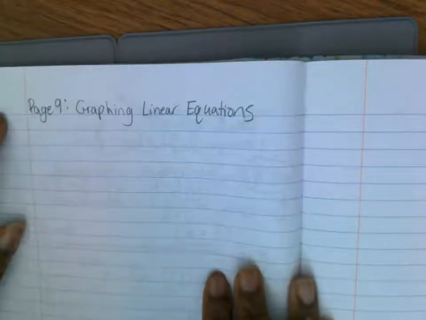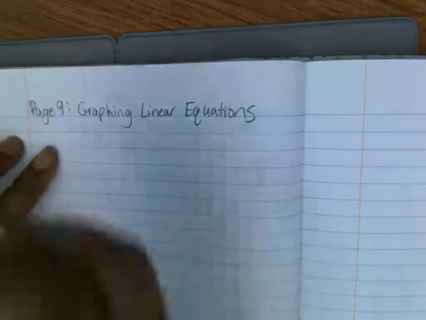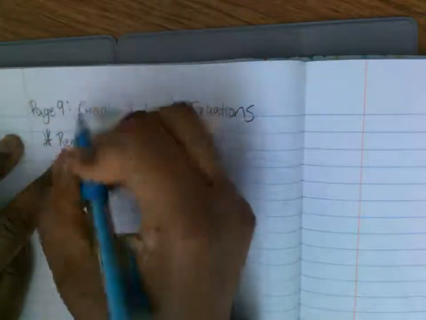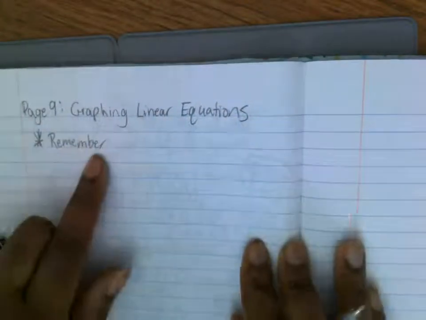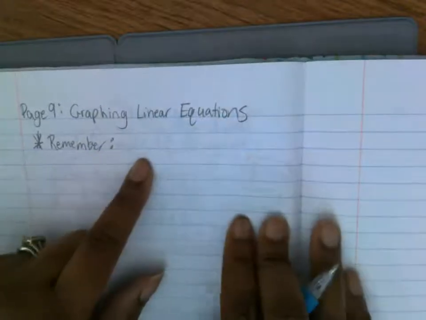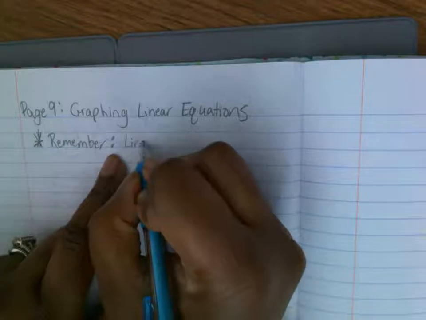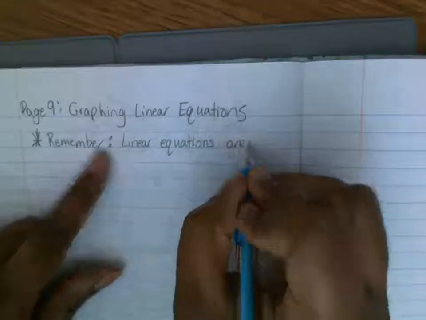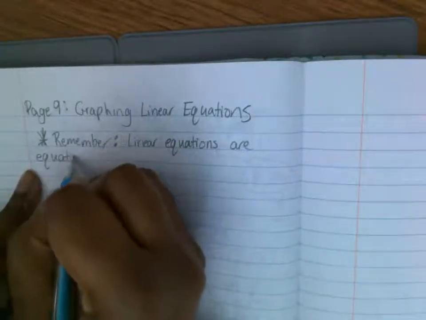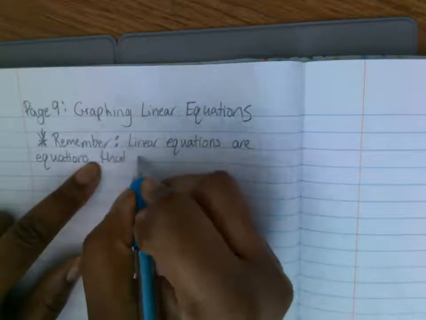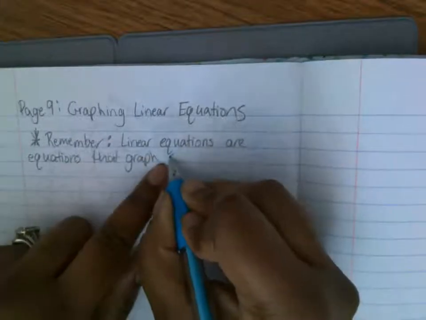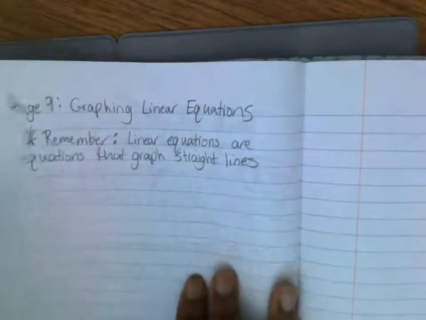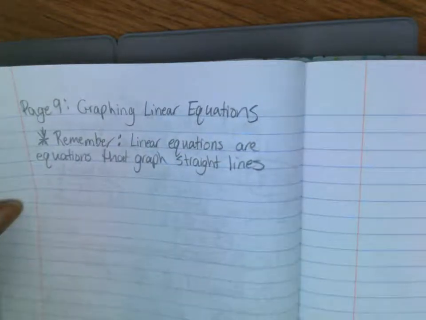This is the title. The thing that we need to remember about linear equations is that linear equations are equations that graph straight lines.